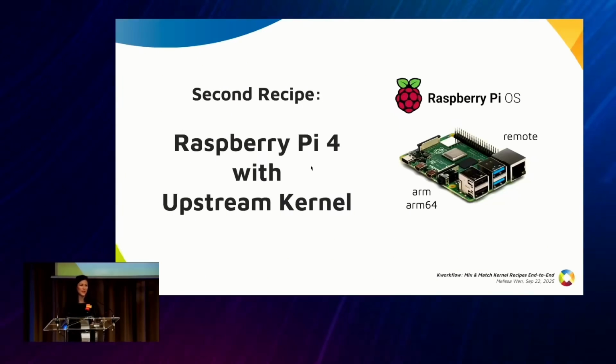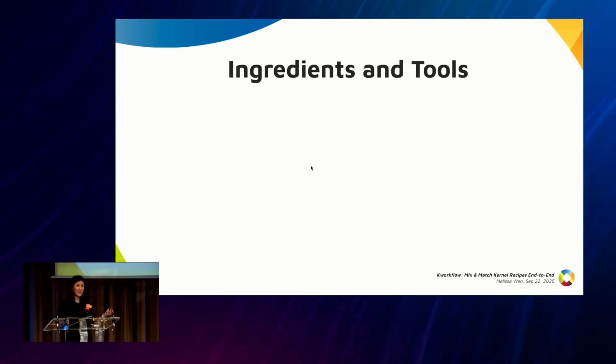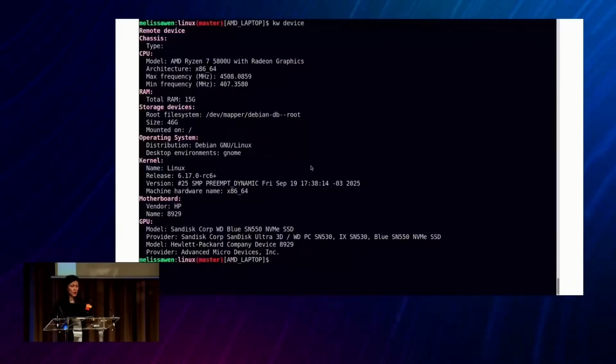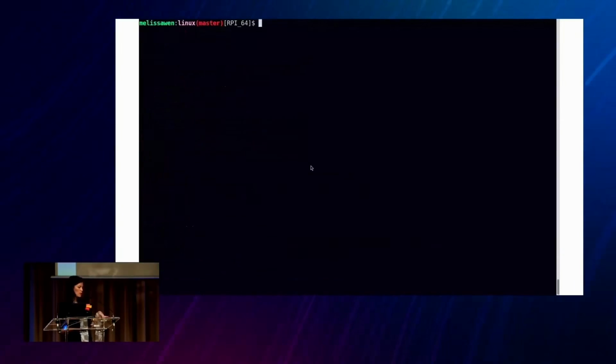Okay, the second recipe, Raspberry Pi 4 with upstream kernel. Then again, ingredients, but we can skip this part. It's kind of like changing scenarios in a TV show. We have in KW the environment feature, for example, I was working on an AMD laptop, and now I want to change to the Raspberry Pi environment.